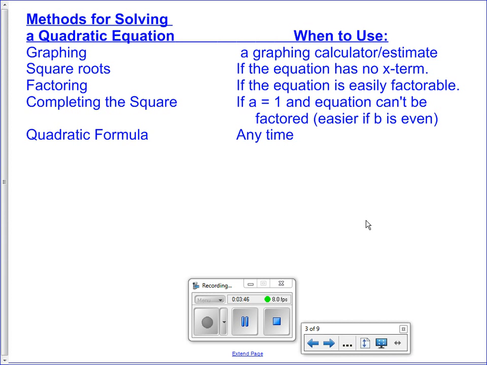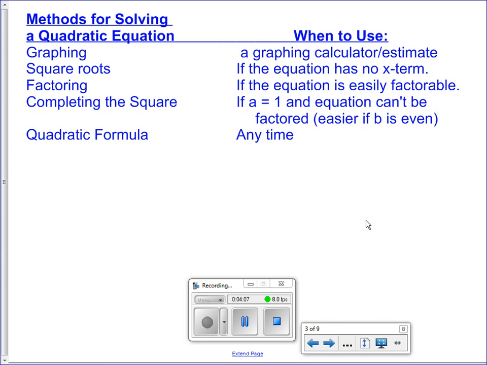The first one is graphing. When we graph a quadratic equation and get a parabola, if we have whole number or integer x-intercepts, that can be one way of solving the equation. Your book mentions a graphing calculator.